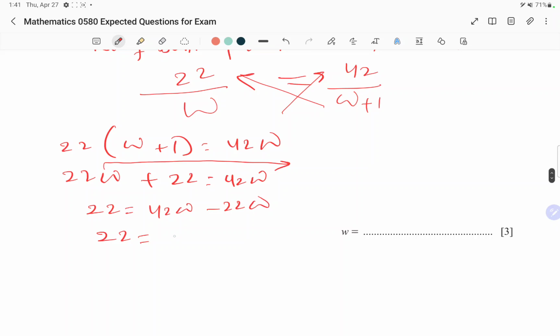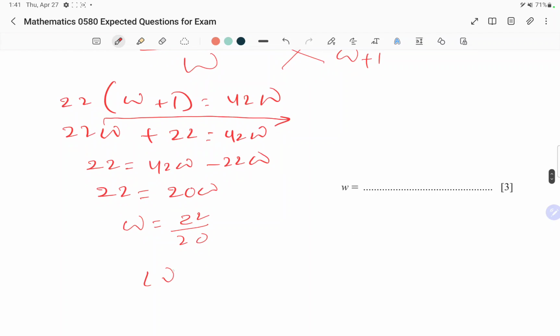So 22 equals 20W, and then W equals 22 over 20. That is somewhere 1 point something. So we can use a calculator. 22 over 20 is 1.1. Okay, so it is 1.1.